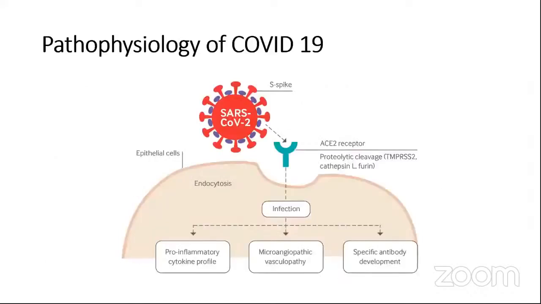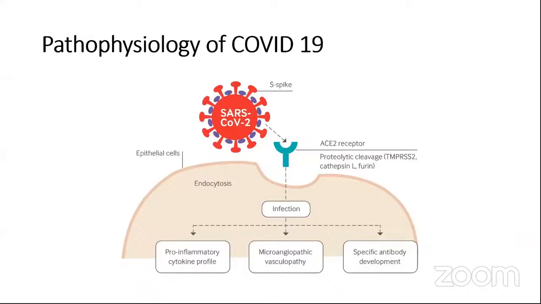Right. So it's important to understand the pathophysiology of this disease and the different phases or stages of the disease, for you to plan the investigations and to use various therapeutic modalities in a timely manner for a better outcome. Right. So the process starts with the viral entry.